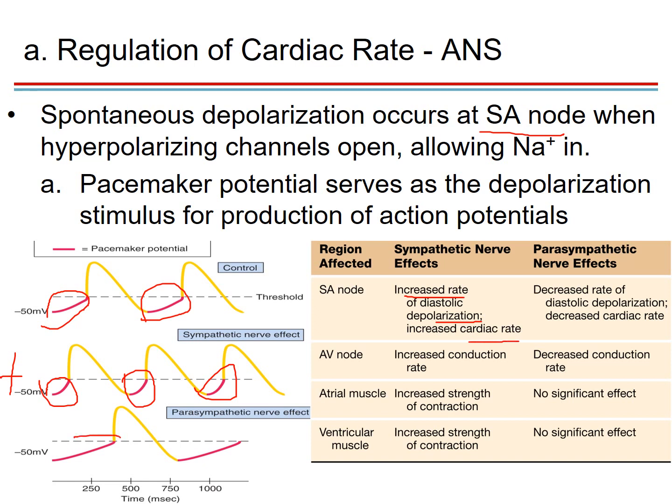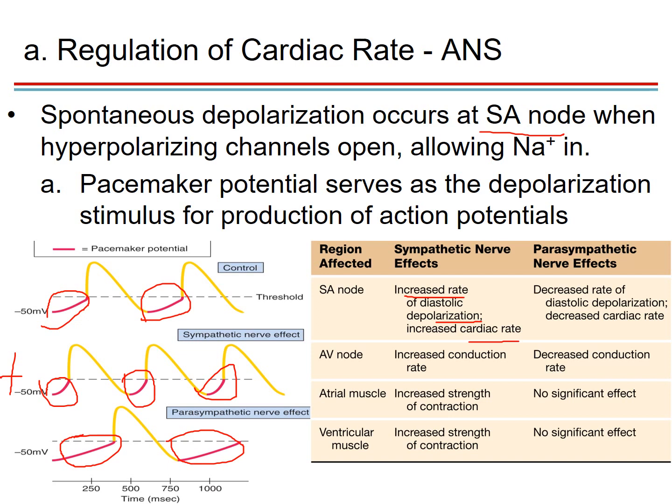Whereas with the parasympathetic division, in this panel, we have now a slower rate. This is due primarily to acetylcholine, the main neurotransmitter from the vagus nerve, and it binds to muscarinic acetylcholine receptors. This opens potassium channels to slow the heart rate.